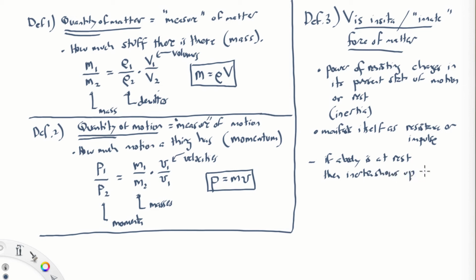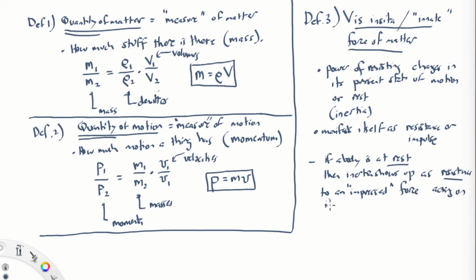If it's at rest, it shows up as a resistance to an impressed force acting on the object. I'm going to put this in quotation marks, an impressed force acting on it.